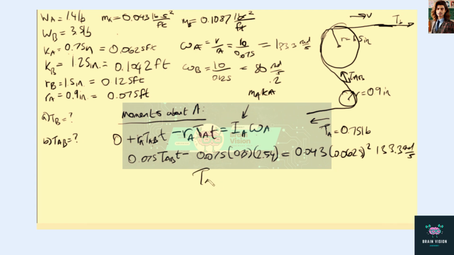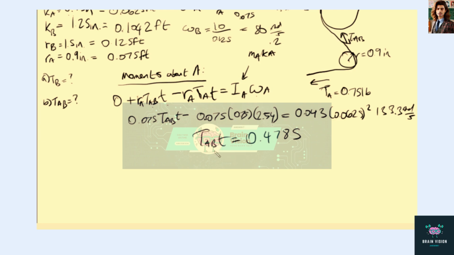So we're going to solve that, and it's going to end up giving us TAB times T equal to 0.4785.